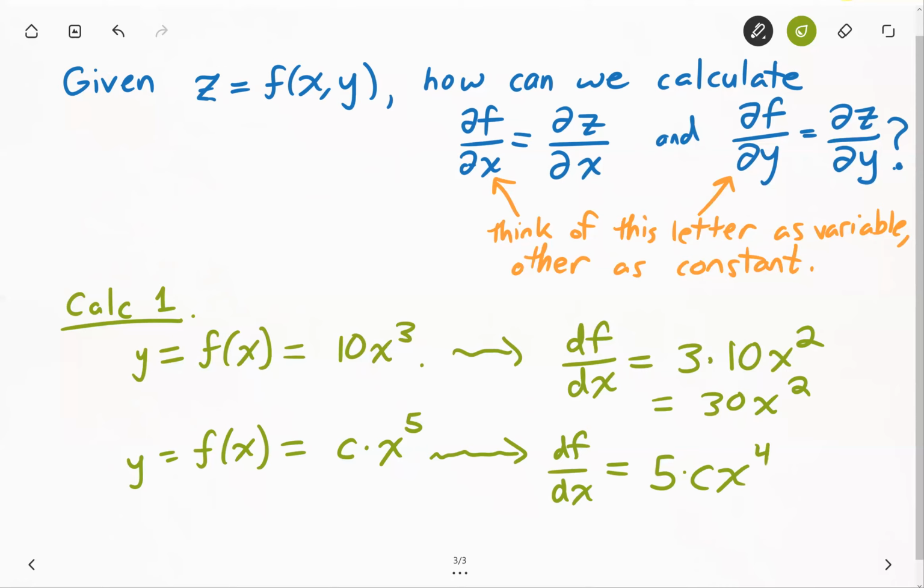Because in your mind, you know that this letter represents a constant. So here in multivariable mathematics, one of our letters will be treated as a variable and the other will be treated as a constant.